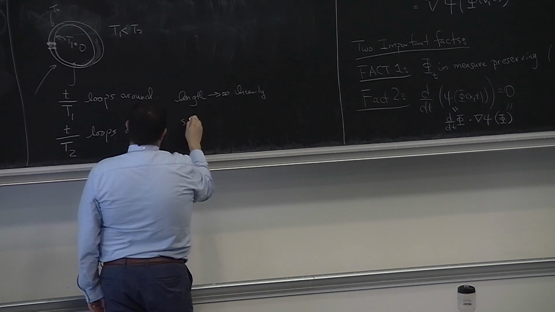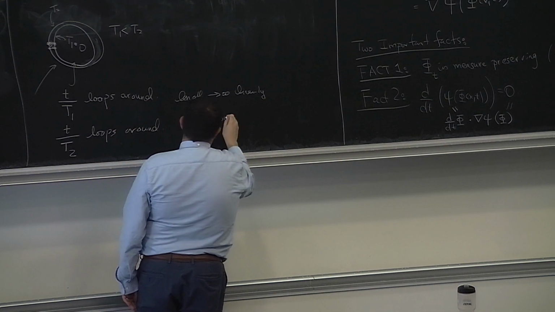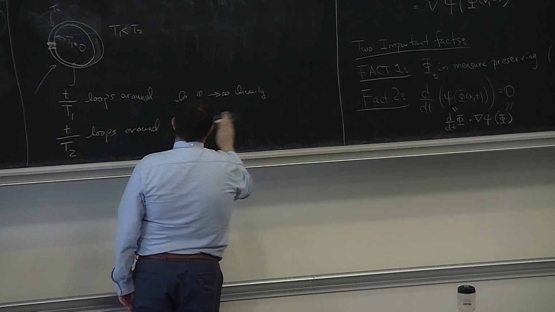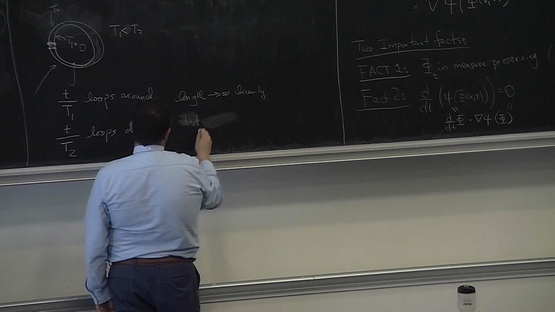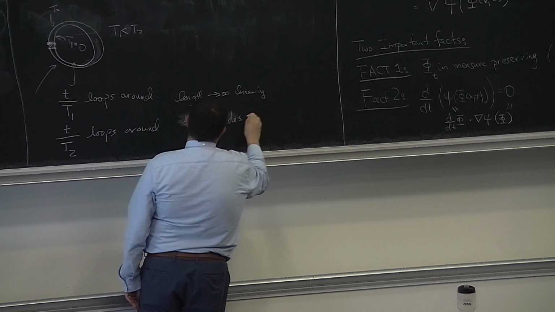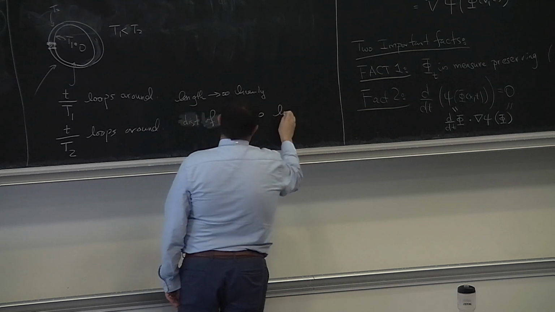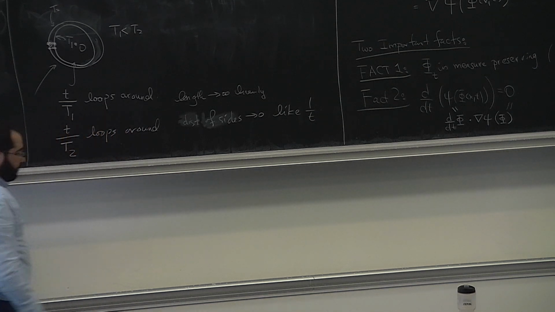So the minimal distance between the sides shrinks like 1 over t, which is the same as the gradient growing like t. Does that make sense? Okay.